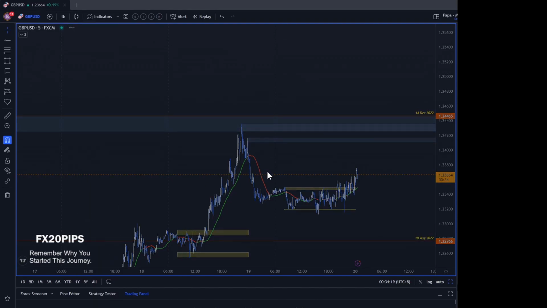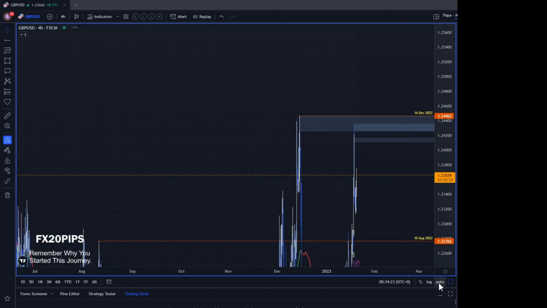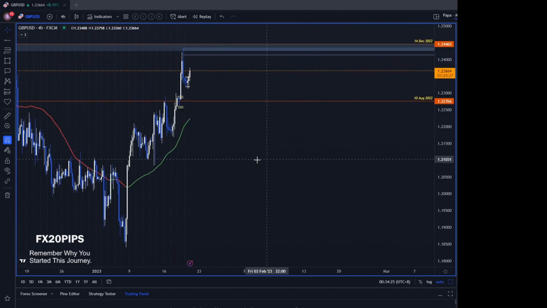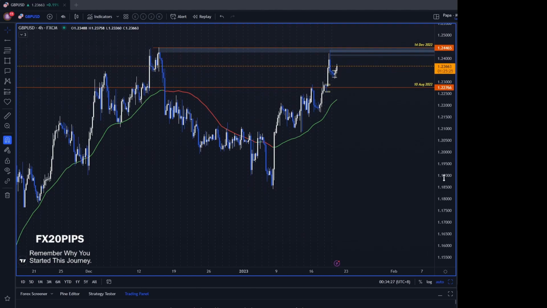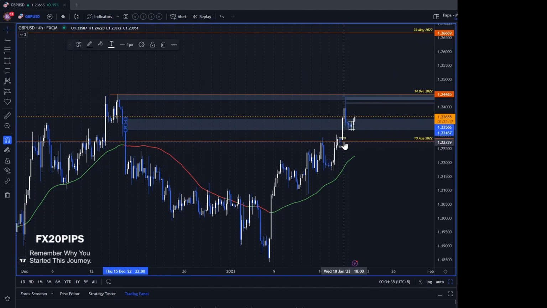Let me go back to 1 hour, go back to the 4 hours. Remember our previous old order block that I said the price went through. So I had the trade and I closed the trades when I talked about all the liquidity and how price is going to go up to the block.